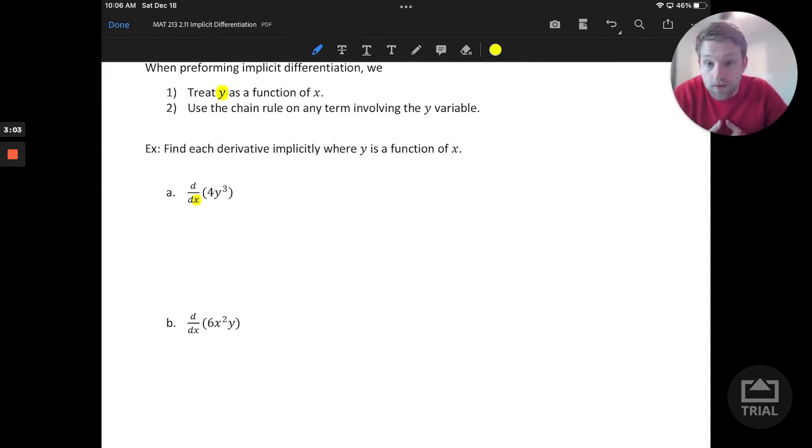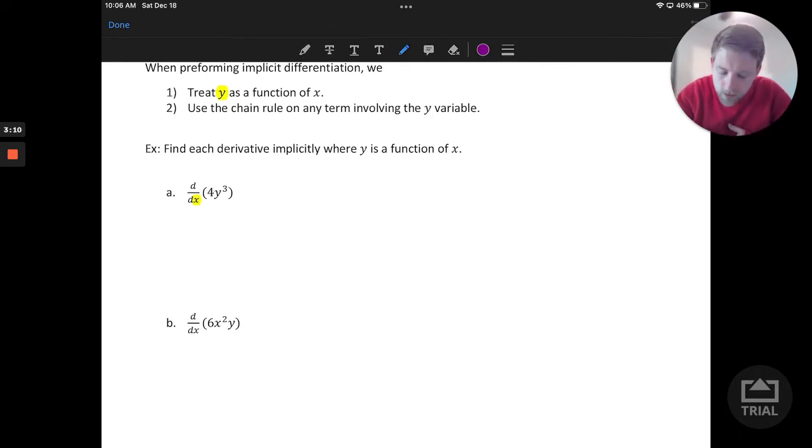So we're taking the derivative with respect to x, but it is a y term. Just like those steps before, we want to consider y as a function of x, and how we would do that is by considering it as a chain rule. For the outer part of the chain rule, we'd treat y just like normal. We would consider this a power rule. If we bring the 3 down as a power rule term here, we could say that would be 12y squared. That would be the outer derivative. But now we want to consider, what's the actual derivative of y with respect to x?